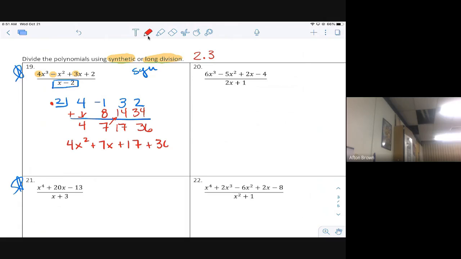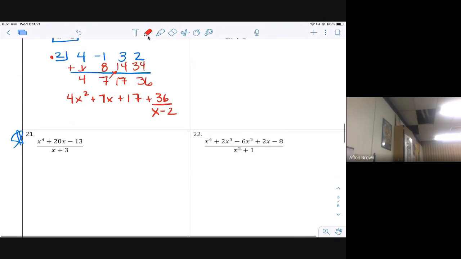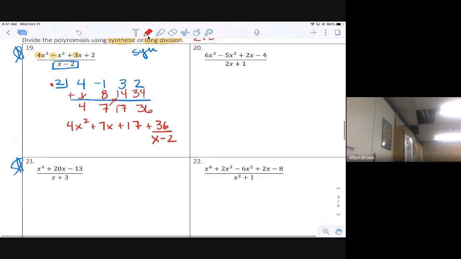And it's plus 36, right? That's messy. So this is why we're always happy when there's a remainder of 0, because you don't have to do that. Why is it 4x squared, not 4x cubed? Remember the rule, if it's x cubed and you're dividing by x, you go down one power. Good question.